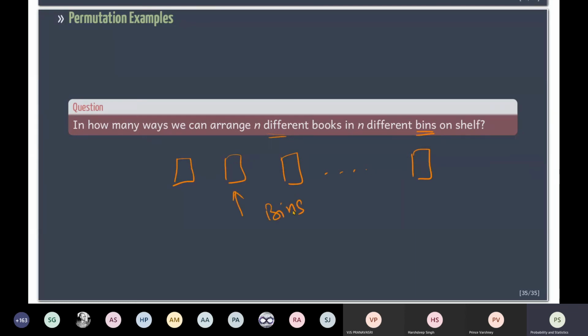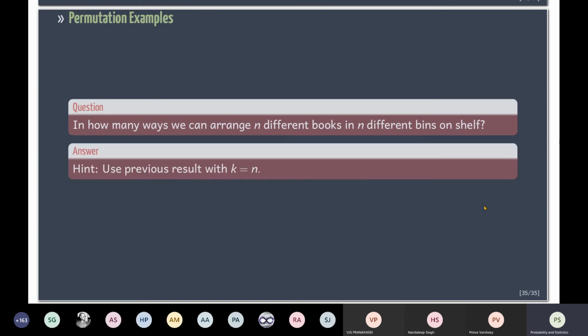In the first bin I can choose any of the n, so I have n possibilities. In the second bin, since I have put one book in the first, I'm left with n minus 1, then n minus 2, and so on. In the end I have 1. So we have n factorial ways. This is just a special case of the previous case where we put k equal to n.